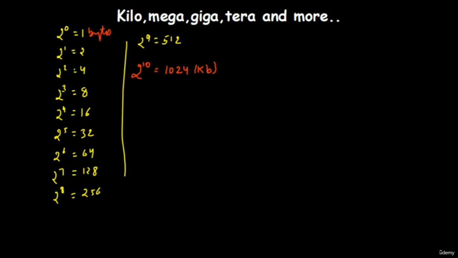Well, for clarity, let me tell you one more thing. A bit that we have studied is 0 or 1. 4 bits is 1 byte. 2 bytes is 1 word.